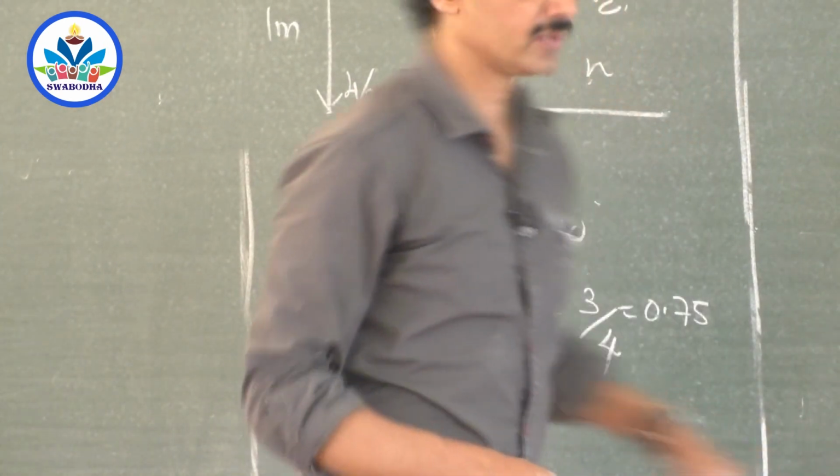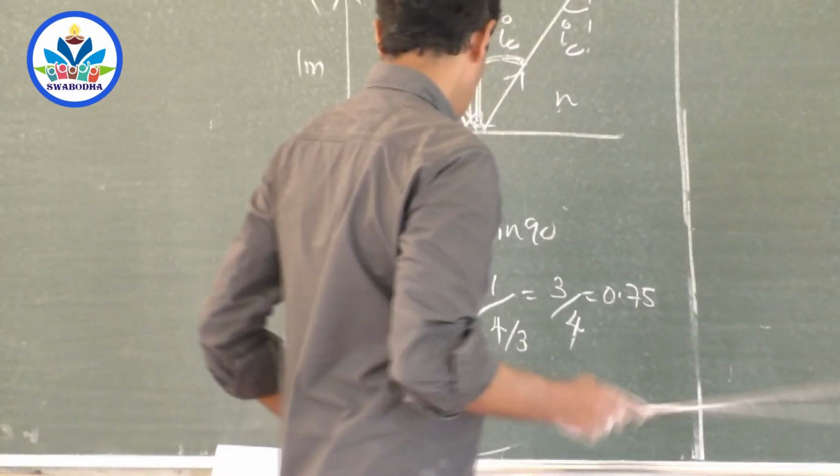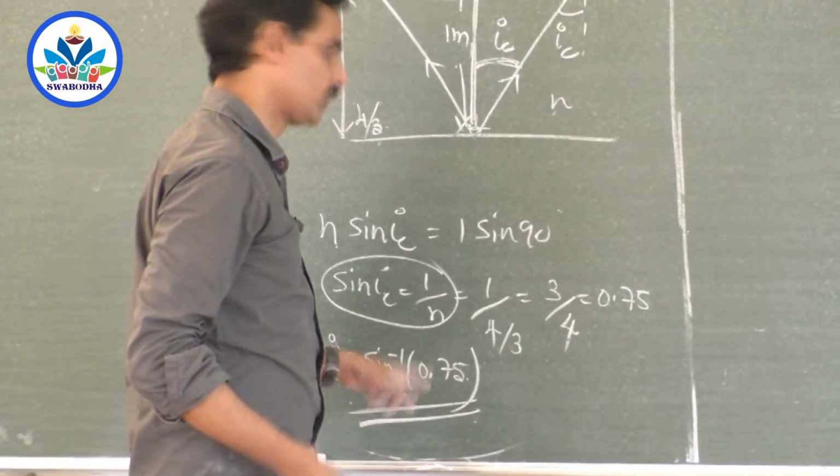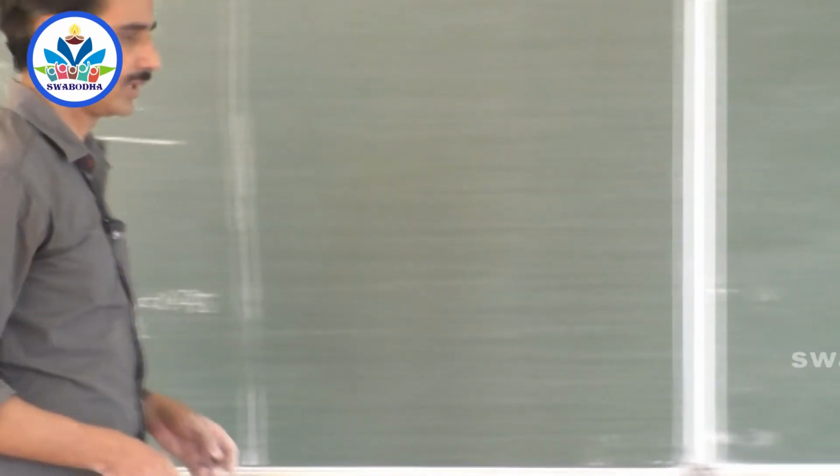So we will go for sine inverse of 0.75. Where is sine inverse of 0.75? A number which is very close to this is enough. We will search for it.